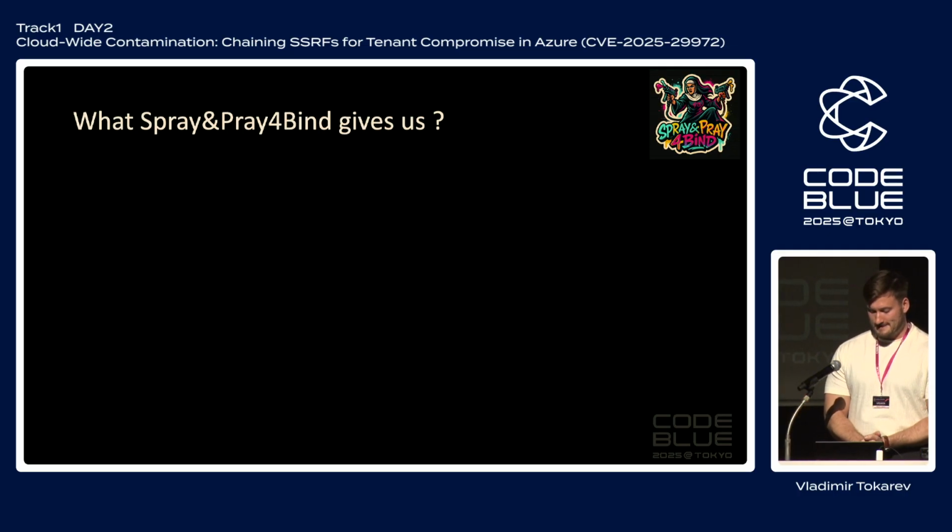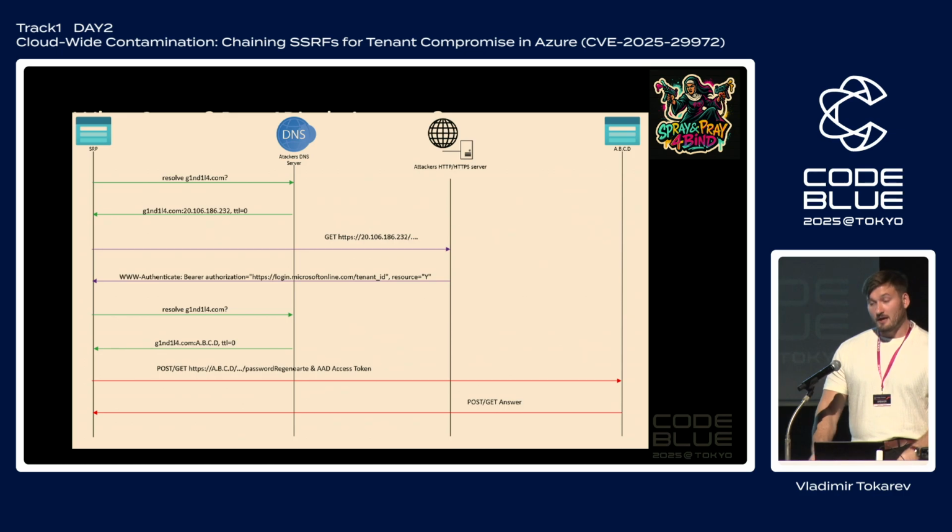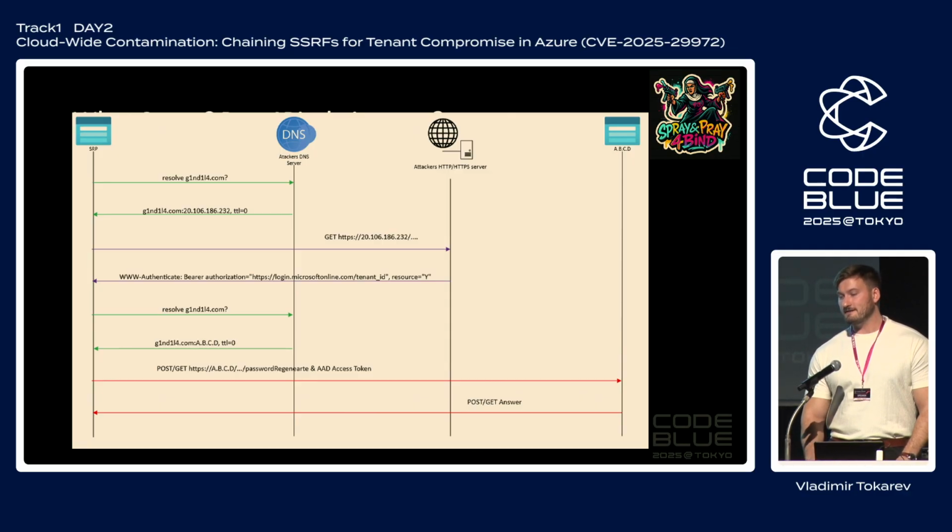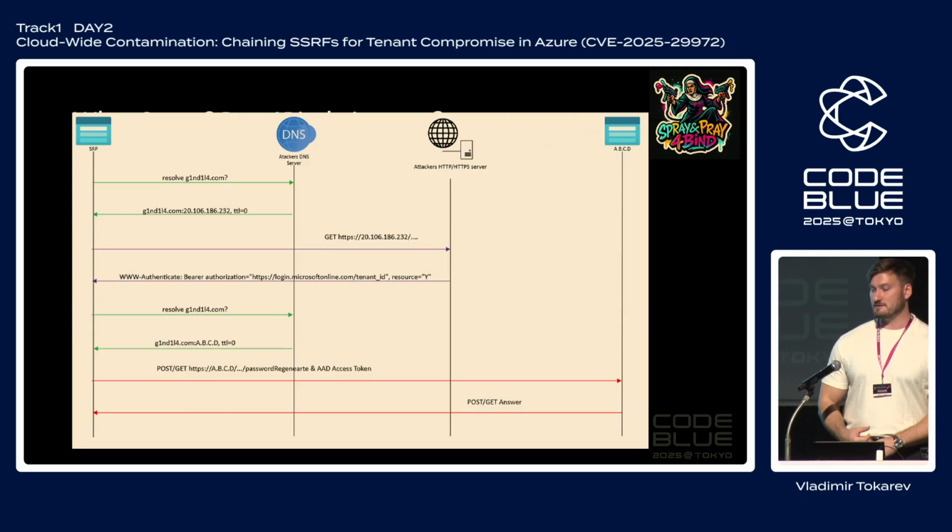And now, this was the flow. Actually, it's not exactly the flow because a lot of SSRF attempts are missing from here. But basically, what we get is first SRP tries to resolve Gandalf, then the attacker DNS server answers with the pointer to the HTTP server. Then the GET to the HTTP server is sent, and it answers with 401 and www-authenticate, bearer authorization, and resource, which is sent back to SRP.